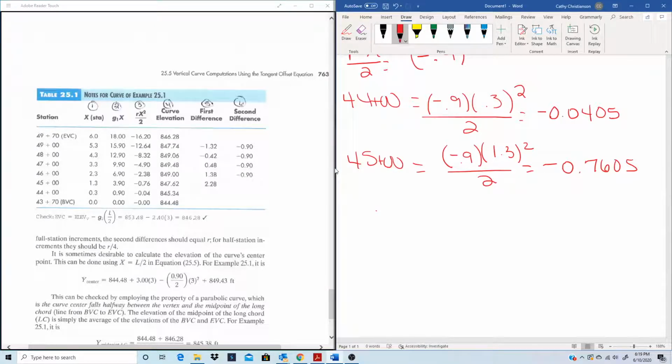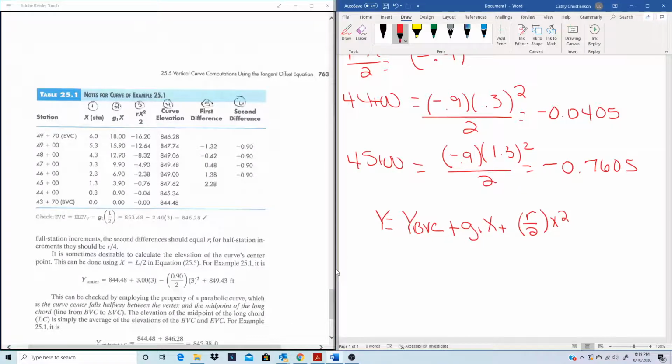So y means that's the elevation of the station in question. It'll be the elevation beginning vertical curve plus g1 times x plus, and they kind of write it like this, but it's exactly the same thing that we have in our column 3.